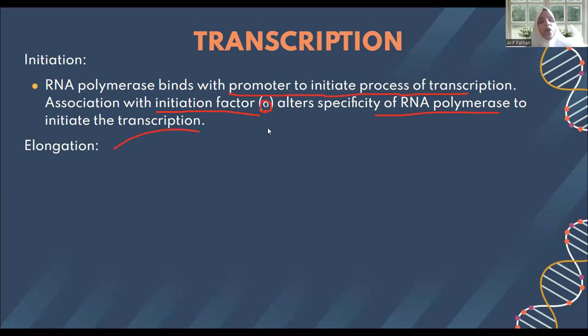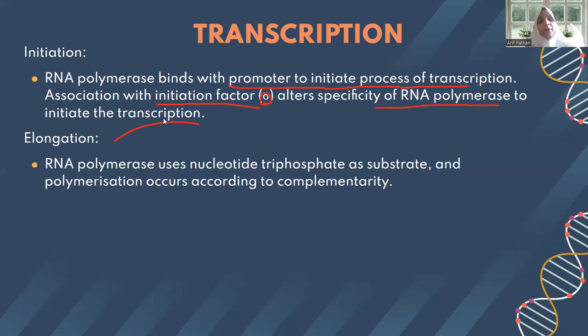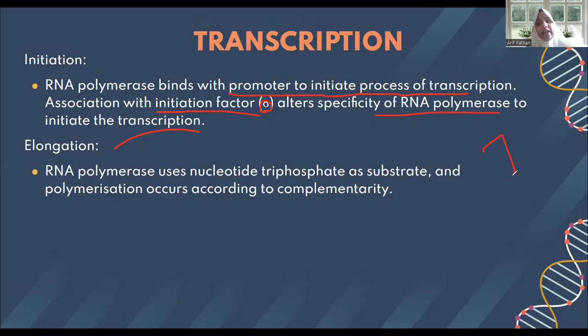Then what will happen in elongation? RNA polymerase will take the nucleotides as the raw material, just like we were talking about DNA replication. Let's say you want to make a wall and this is one strand of the DNA, and you require bricks and cement to make the wall, right?